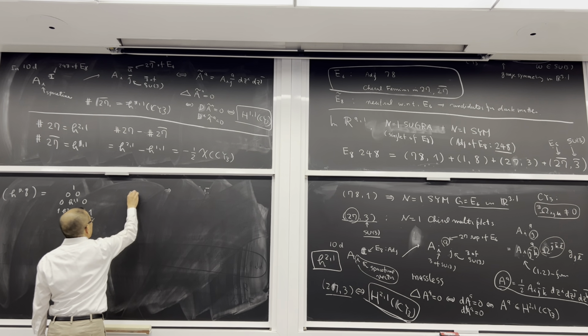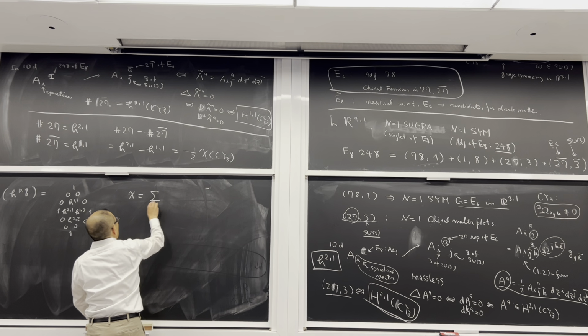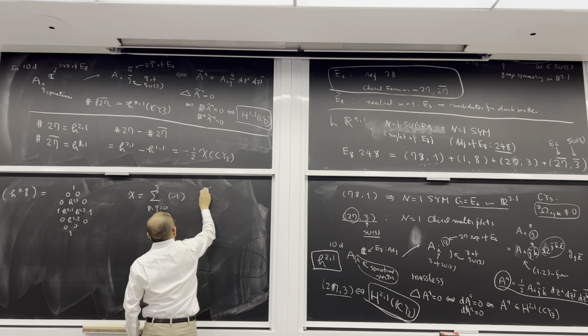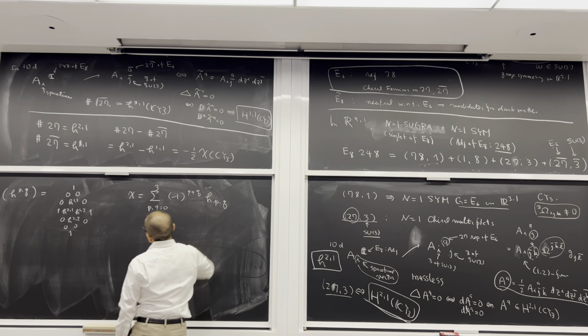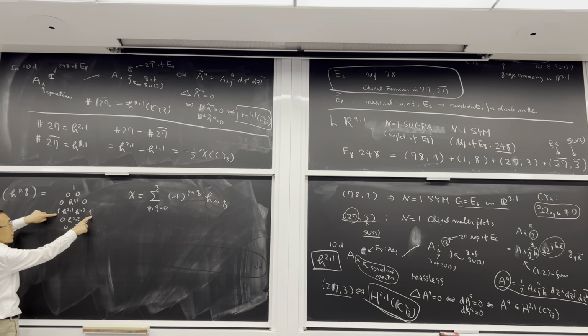And the Euler characteristic of the Calabi-Yau is given by the alternating sum of minus 1 to the P plus Q times HPQ. So this is 0, 0, this is 3, 0, 0, 3, 3, 3. Therefore these contribute to the Euler characteristic with plus 1, these contribute minus 1, so they cancel.